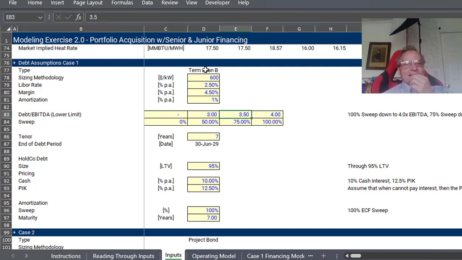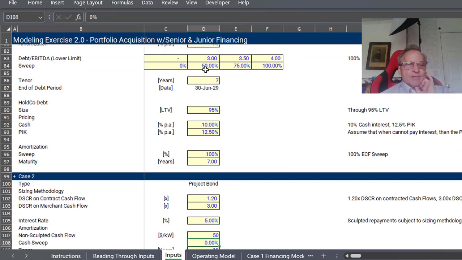And then they have the debt to EBITDA, and then they have a different cash flow sweep. So we can compute the debt to EBITDA using the opening balance of the debt and the EBITDA we have from our merchant and contracted cash flows, and then we can compute what the level of the debt to EBITDA is. When it's high, 4 and above, we want to use 100%, 3.5, and you could even say to and from and do a little bit of that.